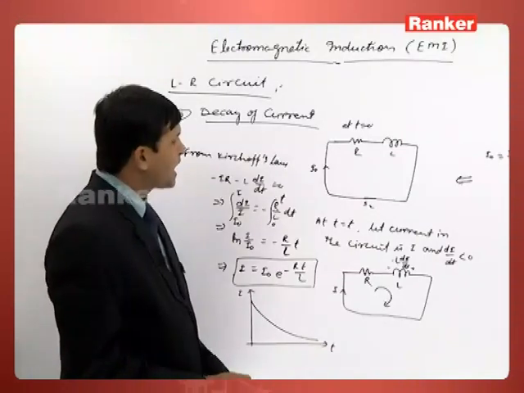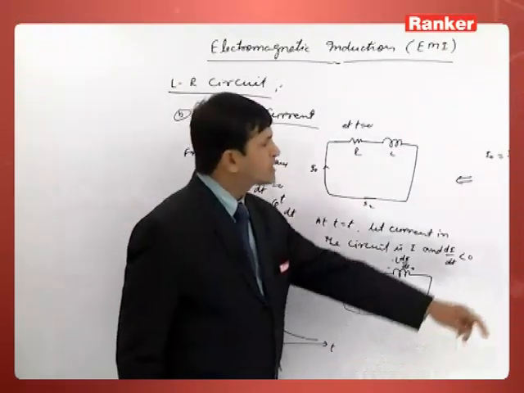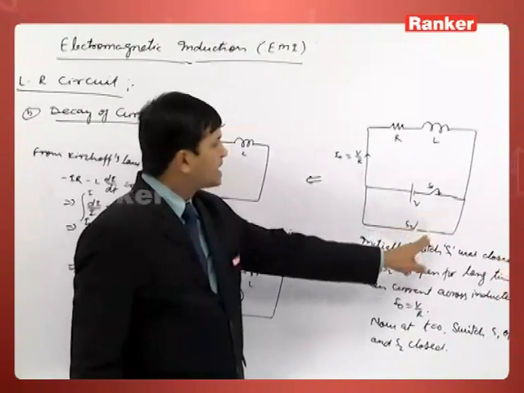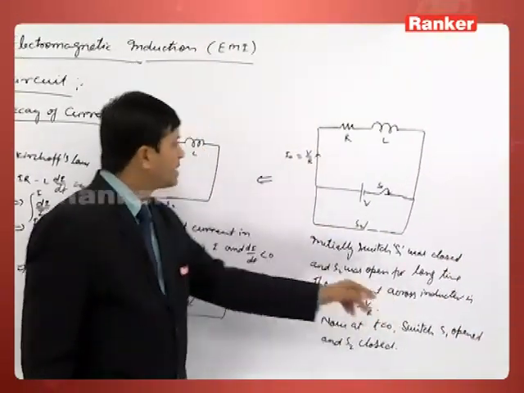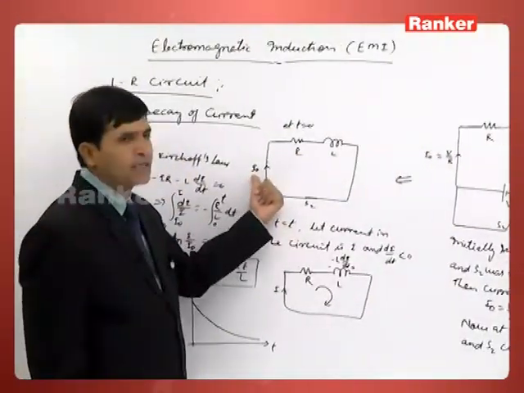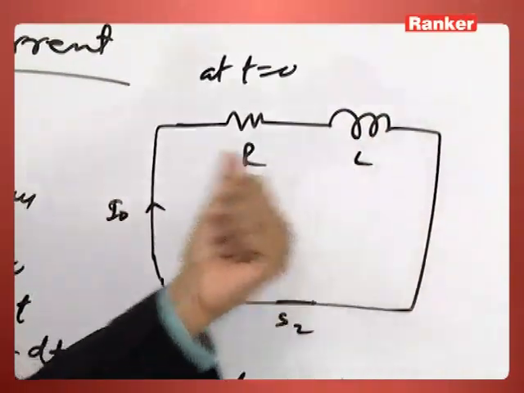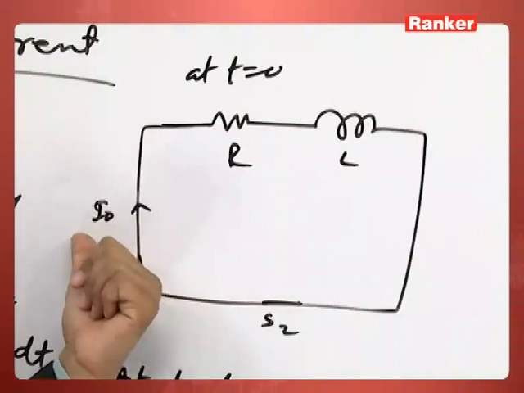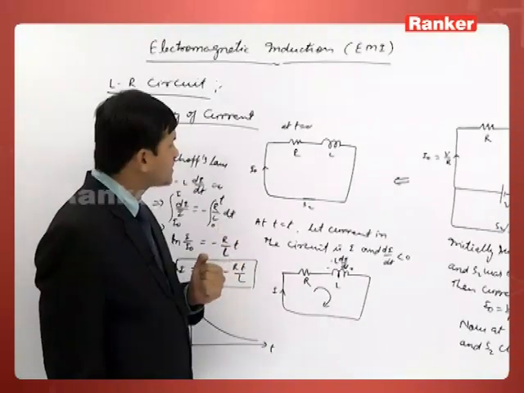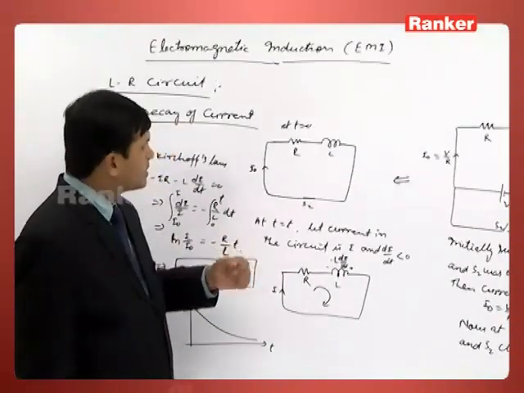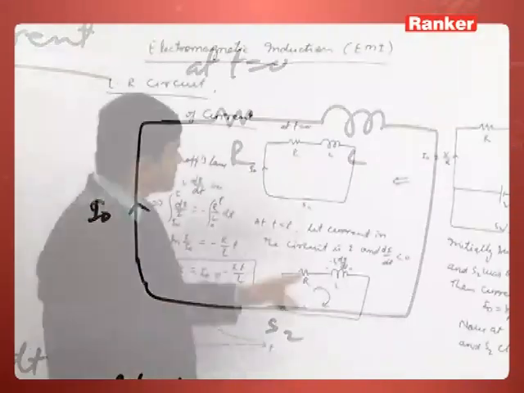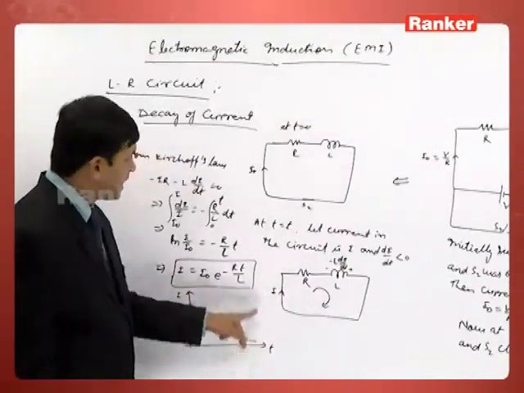In fact, what is happening here: when the switch S1 was closed and S2 was open for a longer time, the current was I0. At that time the energy stored in the inductor was half L I0 square. But when we removed the source of EMF, the current started decreasing. Finally the current becomes 0 at t infinity.